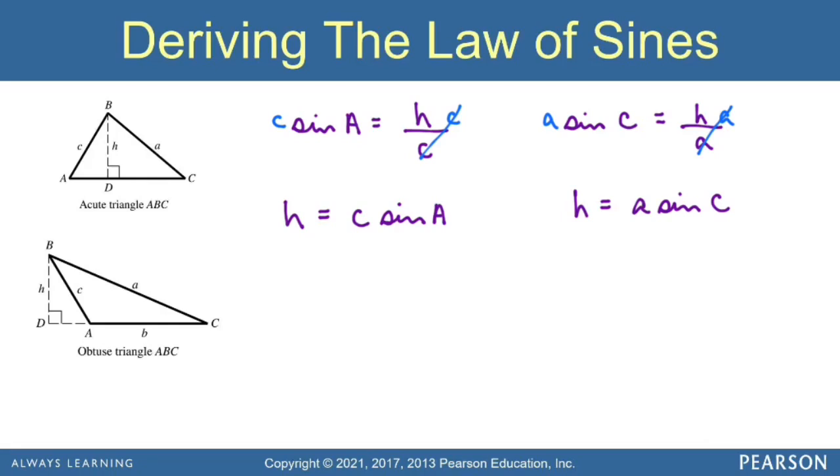So now we can write C times the sine of A equals A times the sine of C.